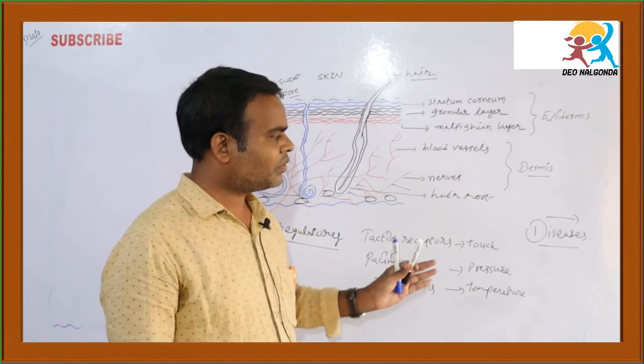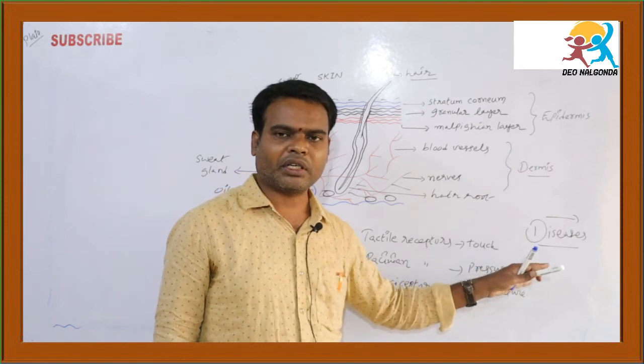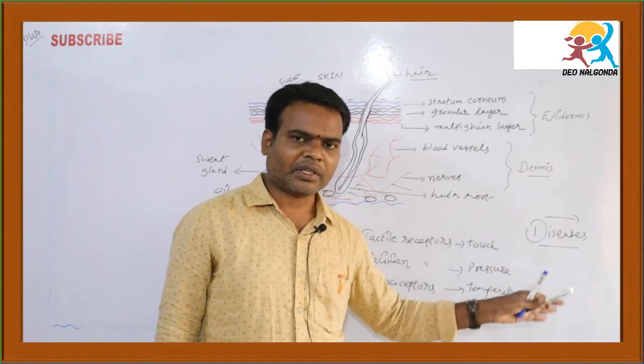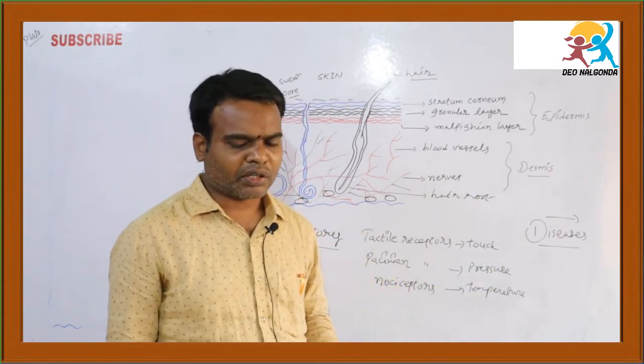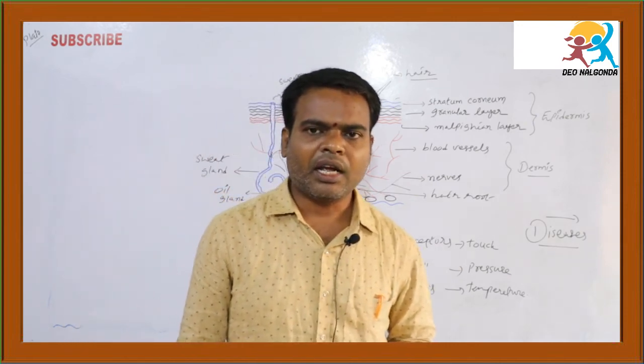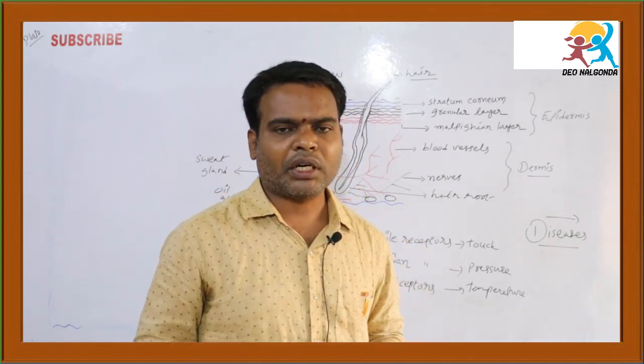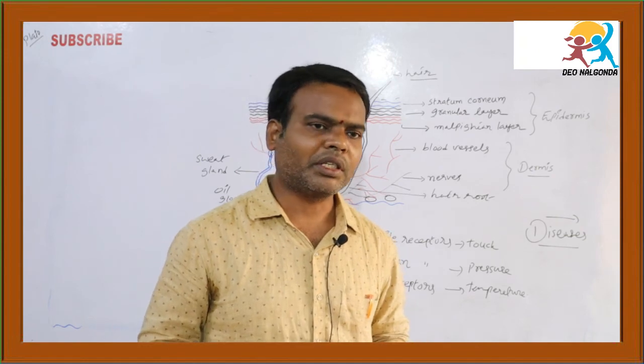At the same time, children, you should keep your body very clean, because the skin is easily affected by different diseases related to bacteria, viruses, fungi, and also nutrition. Due to malnutrition also you may be affected by diseases.